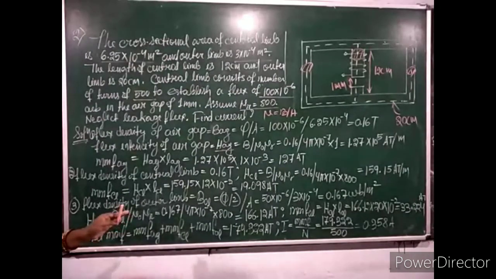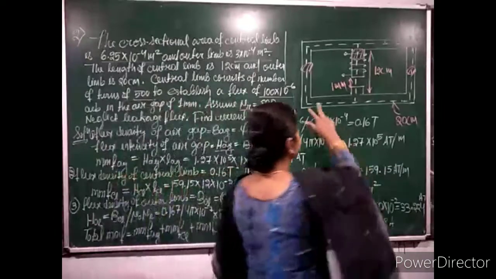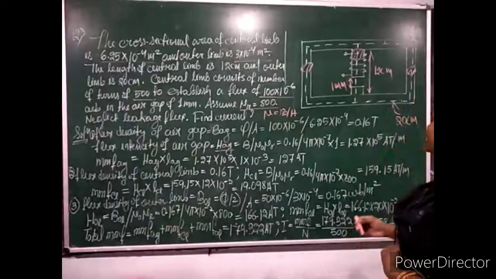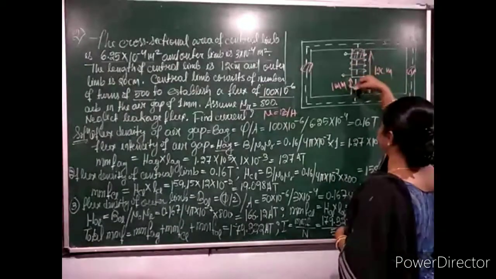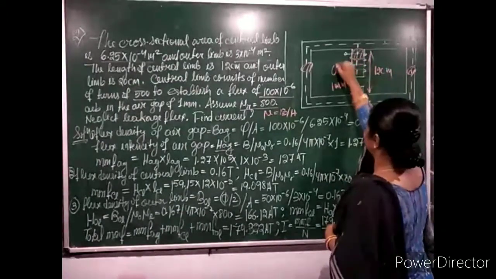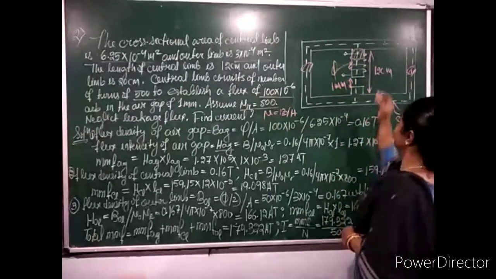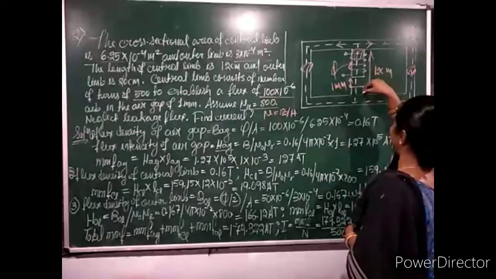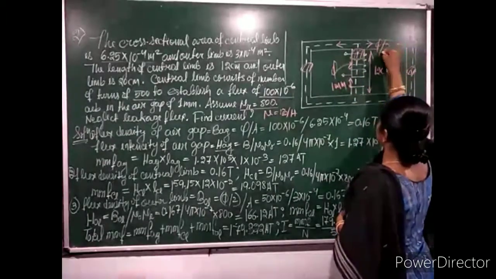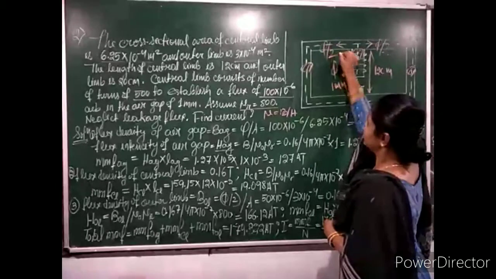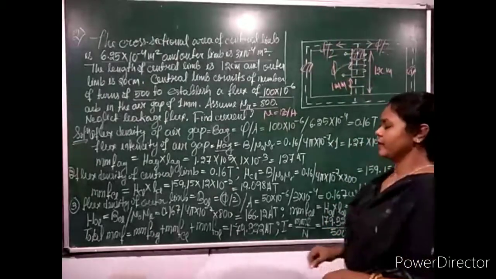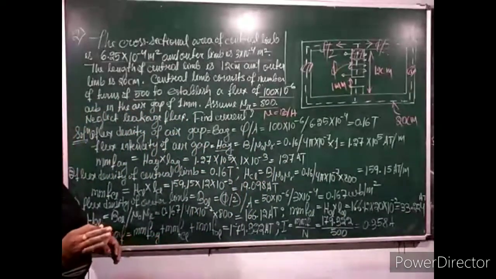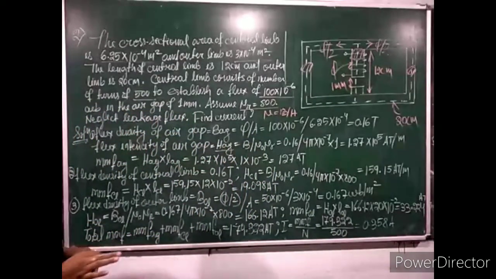Then, in a similar manner, you will calculate MMF for the outer limb. Both outer limbs have the same cross-sectional area and same length. So, the total flux established in the central limb, suppose it is phi, is equally divided through the two outer limbs. Here phi by 2, here also phi by 2. So, the flux for each outer limb is half of the flux established in the central limb.